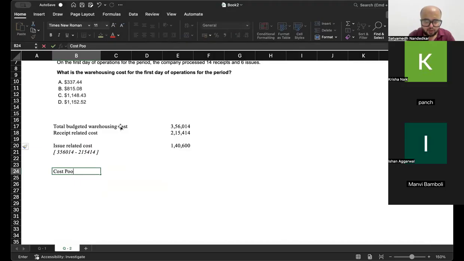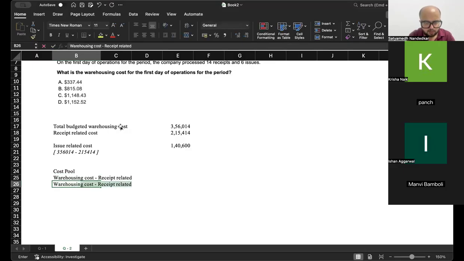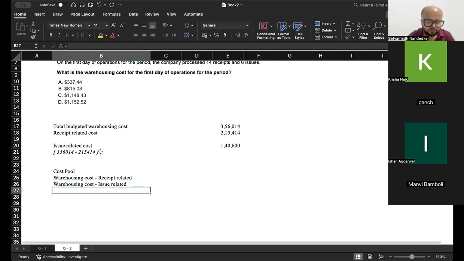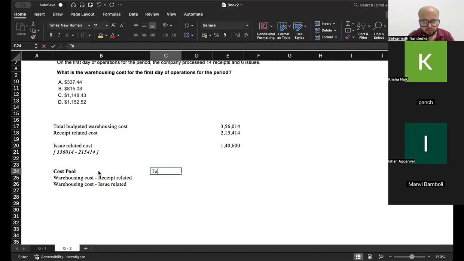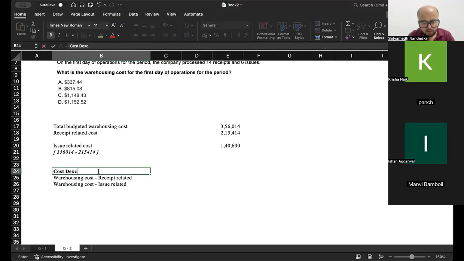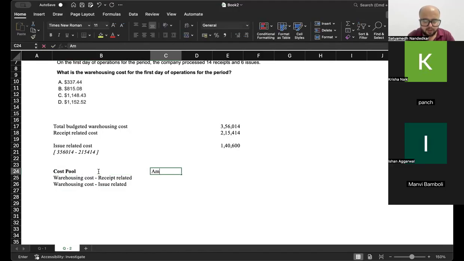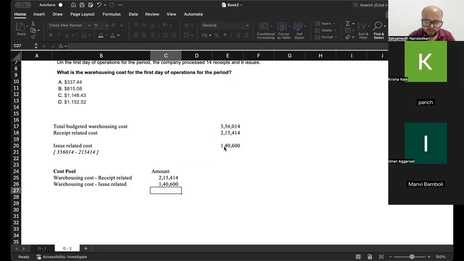So, I will write my cost pool first. What is my cost pool? Warehousing cost, receipt related, and warehousing cost, issue related. Now, cost description, I will call it. Then amount: receipt related, issue related.